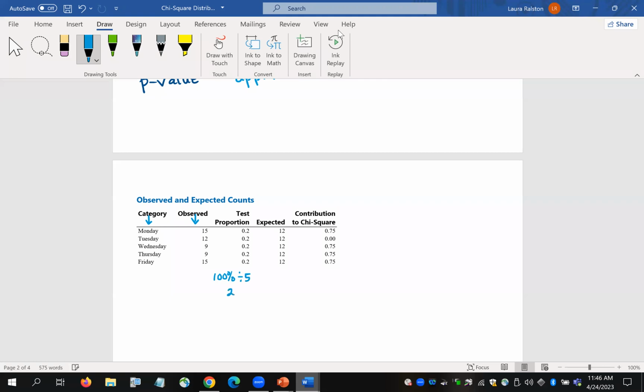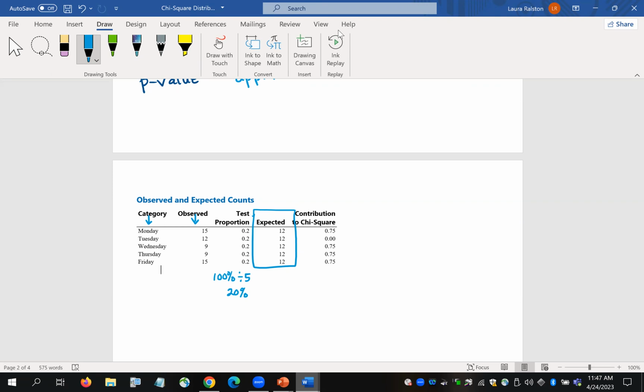So 100% divided by 5 is 20%. So I would have expected, if this distribution is equally distributed, my expectation in theory is that I would have 12 absences per day. Notice that value of the expected is the same for every category because we're assuming it's equal.